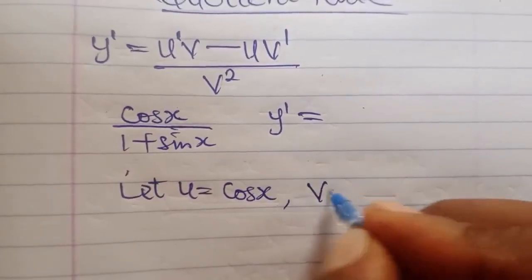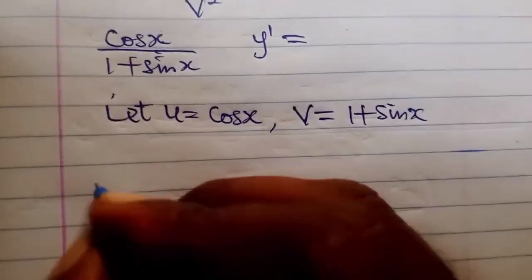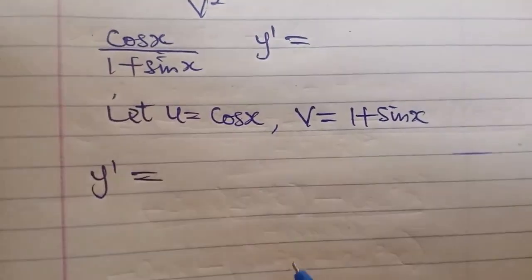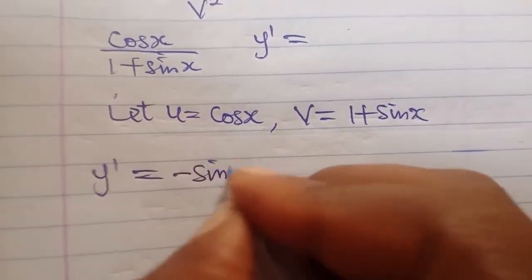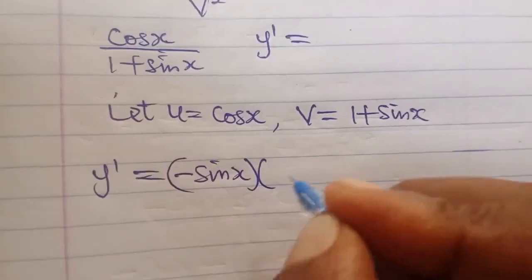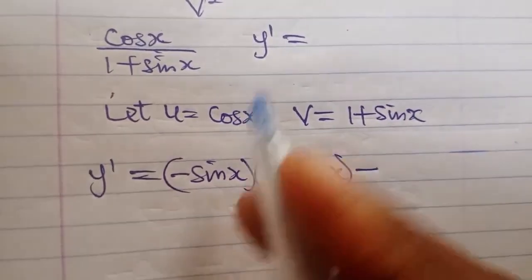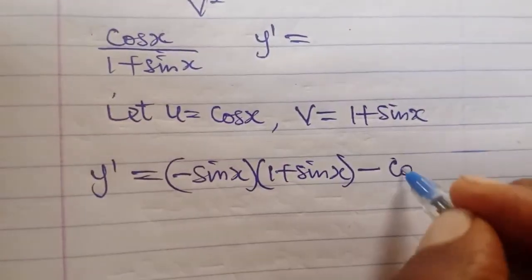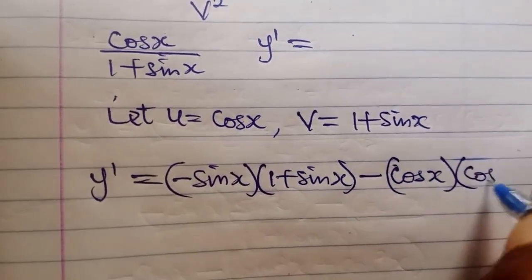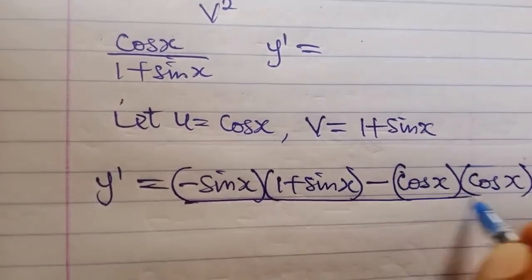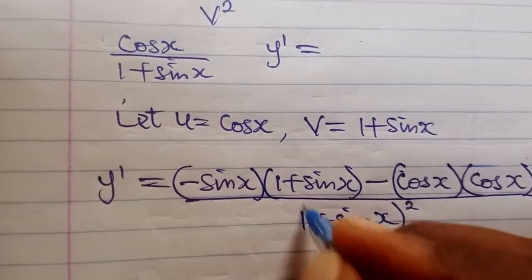Let v be equal to 1 plus sine x, so that dy/dx will be equal to, if we differentiate u, we get negative sine x, keeping v constant, 1 plus sine x, minus keep u constant, cos x, differentiate v, cos x, all over 1 plus sine x all squared.